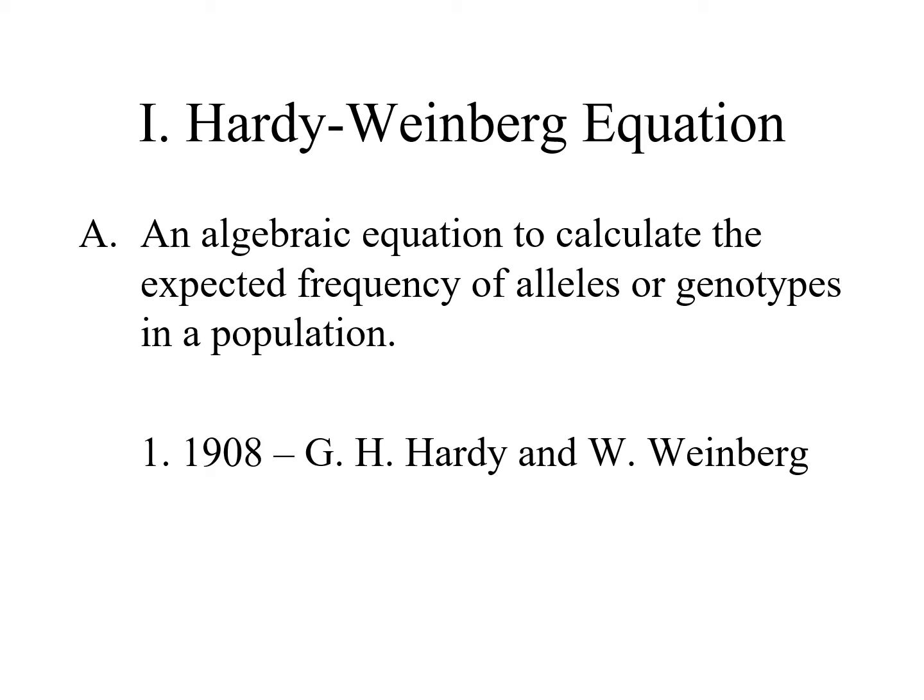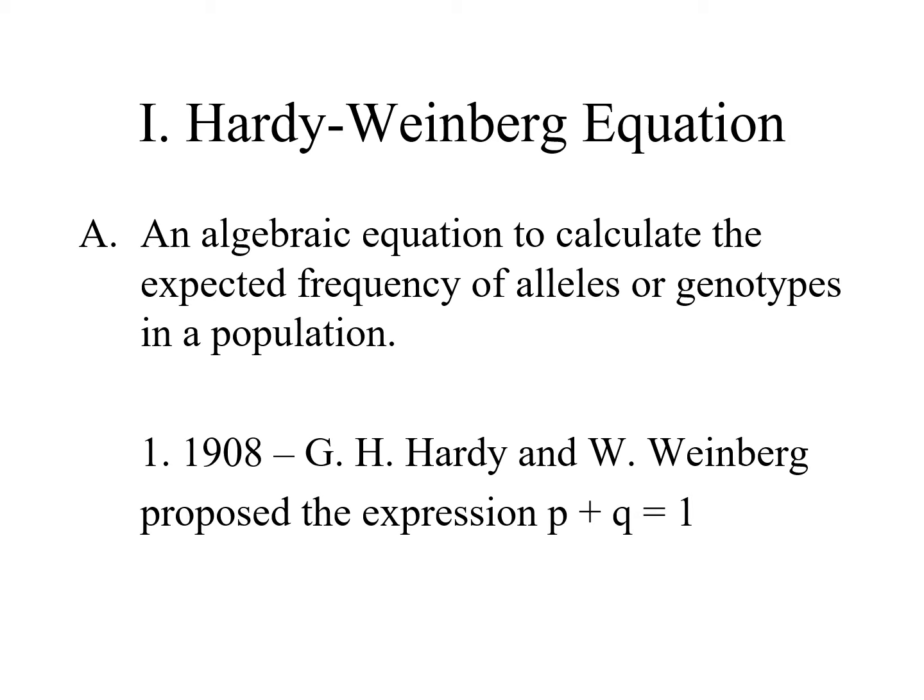So Hardy was British, Weinberg was German. Neither really was a biologist per se, but they were both interested in natural history and came up with the same ideas about evolution. Hardy and Weinberg proposed a simple expression: p plus q equals 1.